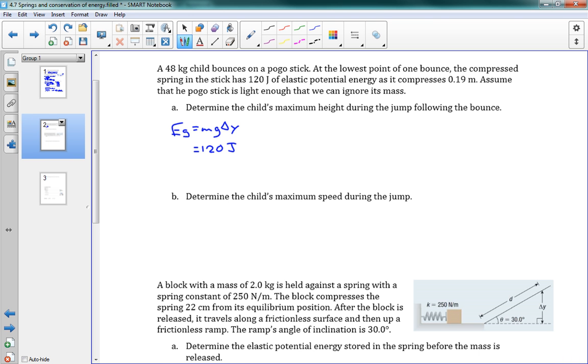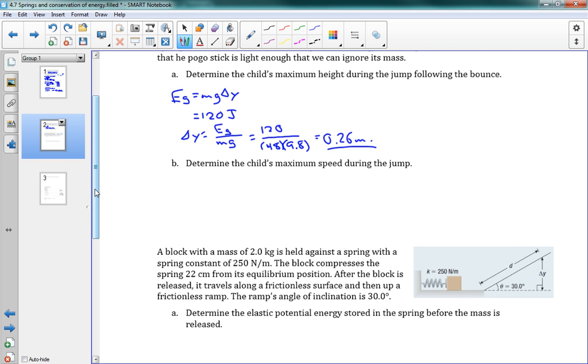So if we want to solve for delta y, it's going to equal Eg over mg, which is 120 joules over our mass, 48 kilograms, times g, 9.8, and this gives us a value of 0.26 meters. There we go. That's how high the child will jump.